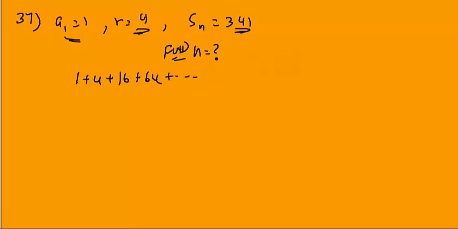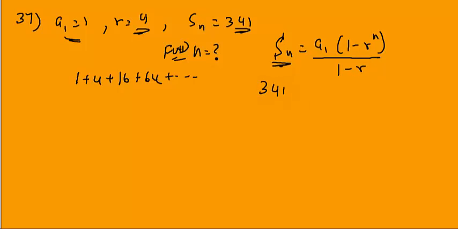So you can work it out the long way, or we can also use the formula S sub n. This is known as the explicit formula. S sub n is equal to a sub 1 times 1 minus r to the n, all that over 1 minus r. So we know this, that's 341. We know a sub 1, which is 1.